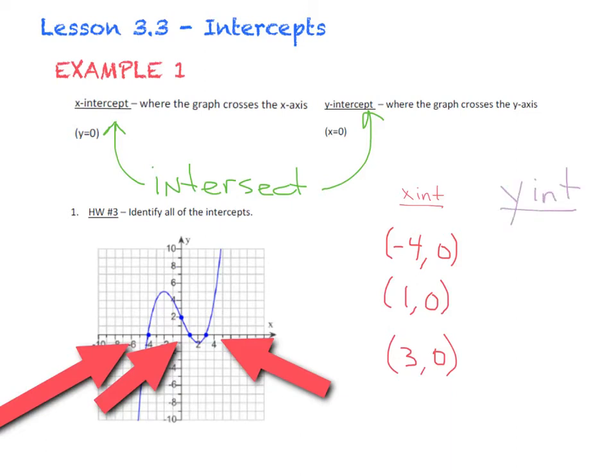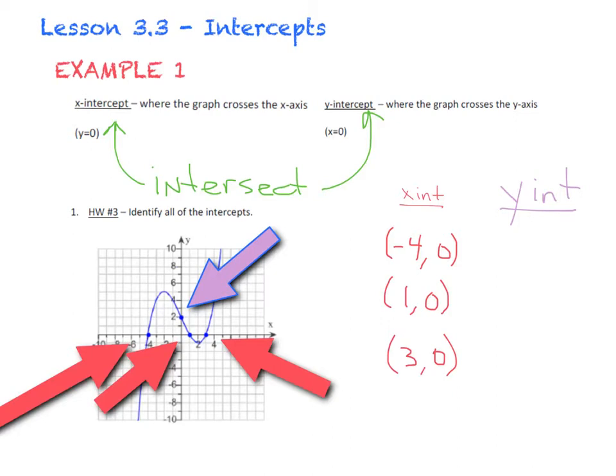So we're looking for the places where the line crosses the y-axis. And that is the only spot. That's the only spot that this curvy line crosses, or, here's a better word, intersects the y-axis.